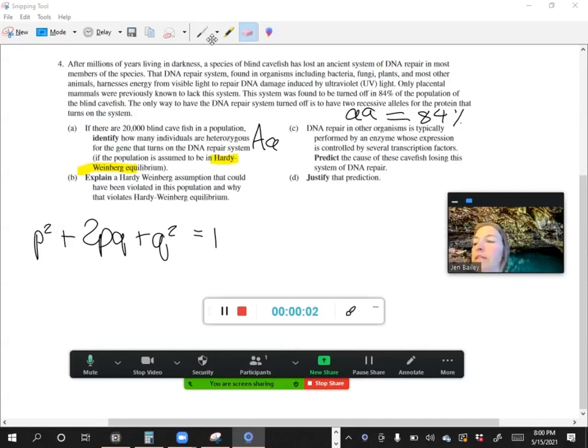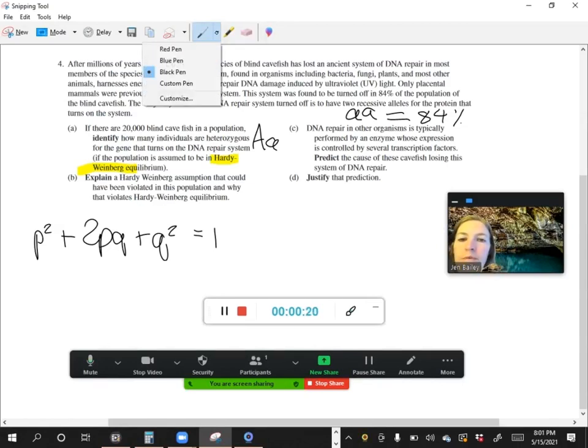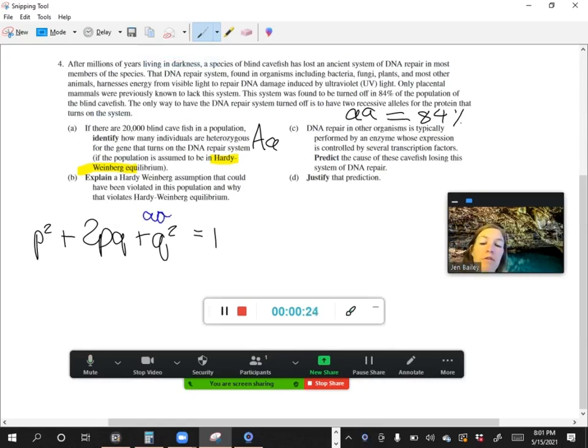Okay, so we need to remember when we write this down that Q is going to be the recessive, okay? Q is always the recessive. Here, I'll do a different color so we can really see it. I'll do blue. Okay, so this represents the frequency of recessive. This is the frequency of heterozygous dominant. And this is the frequency of homozygous dominant.